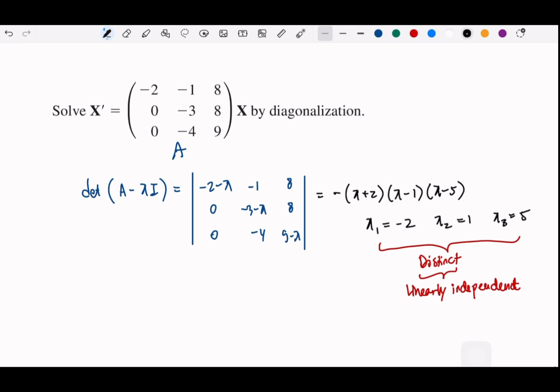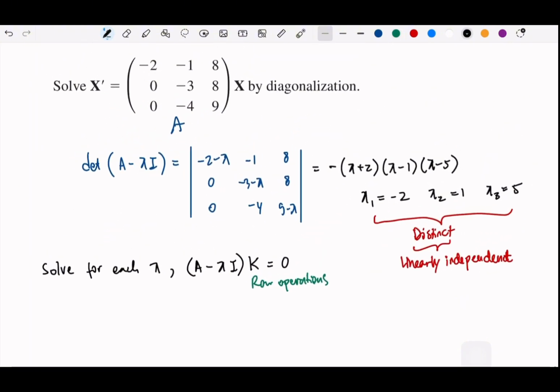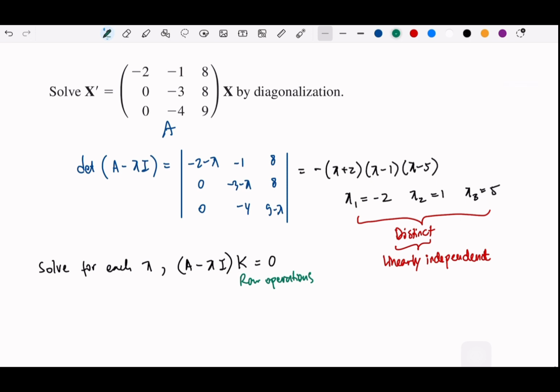And then solving for each eigenvalue, solve for each lambda, that A minus lambda I multiplied with k equal to 0. So you might use some row operations here. And let me give you the titles here. This is eigenvalues.